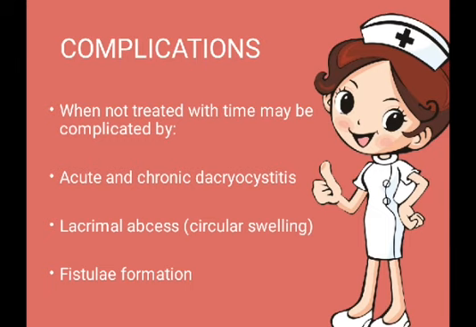If we are not treating congenital dacryocystitis, it gets converted into adult dacryocystitis, and acute and chronic dacryocystitis are the two types of adult dacryocystitis. Indirectly, they are saying that if we do not treat it in childhood, it converts into adult dacryocystitis. Next is lacrimal abscess, which means a circular swelling appears at the lacrimal sac area.